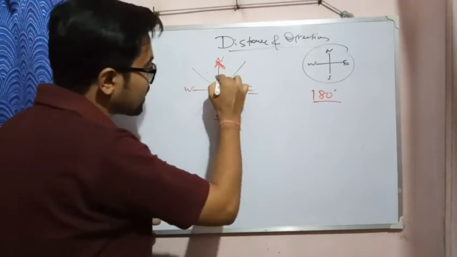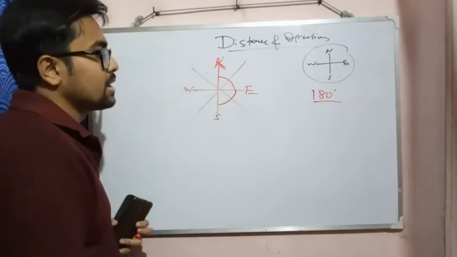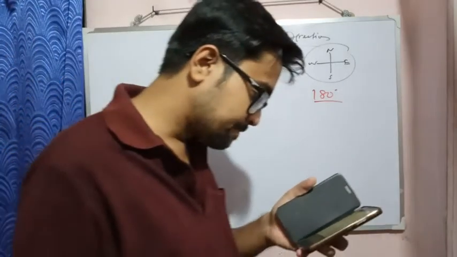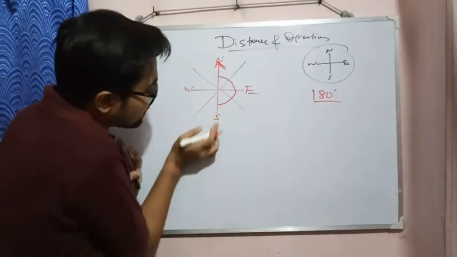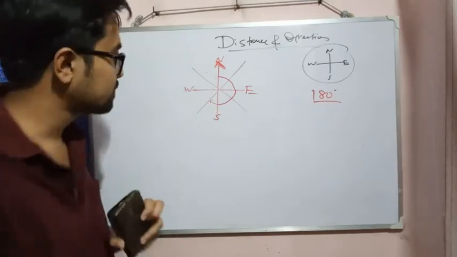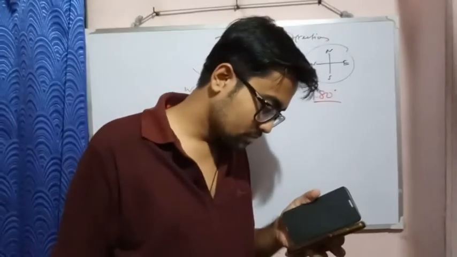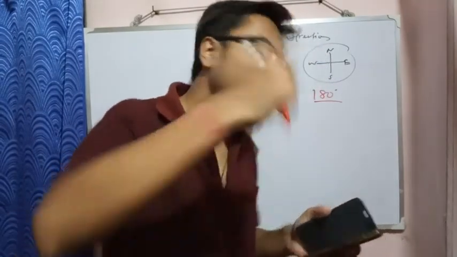He turned 180 degree, that means 90 degree, another 90 degree in clockwise direction, another 45 degree in the same direction. That means this is the 90 degree, that means this is the 45 degree. Clear? And 270 degree in the anti-clockwise.